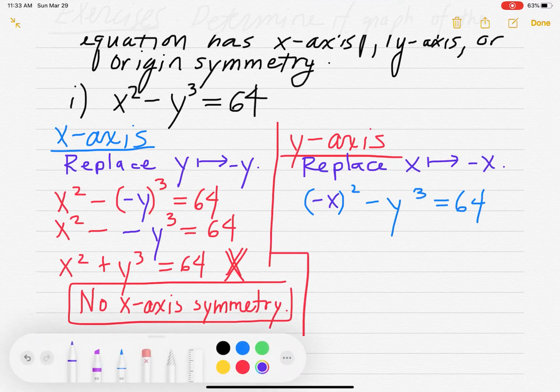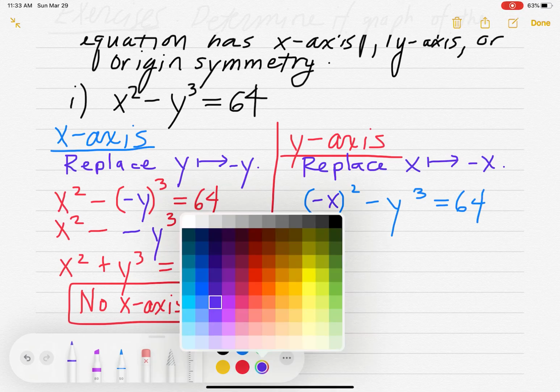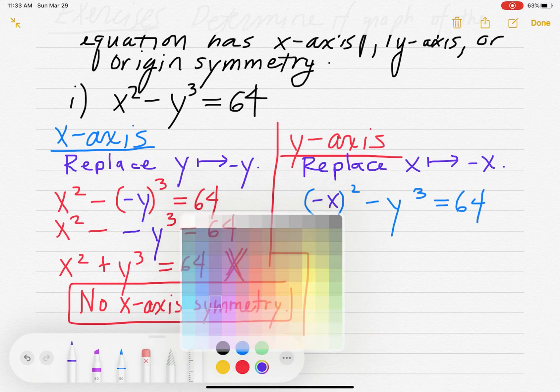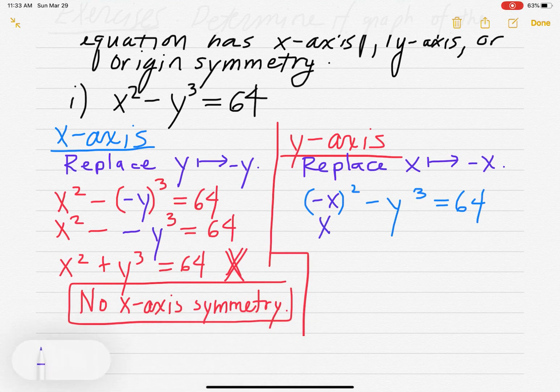Now what happens when you square a negative? Squaring kills off the negative. So literally we're left with x squared minus y cubed equals 64, right? The square killed off the negative within the parentheses. Even powers kill off negatives.